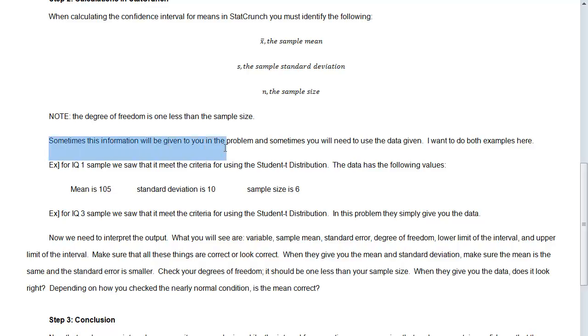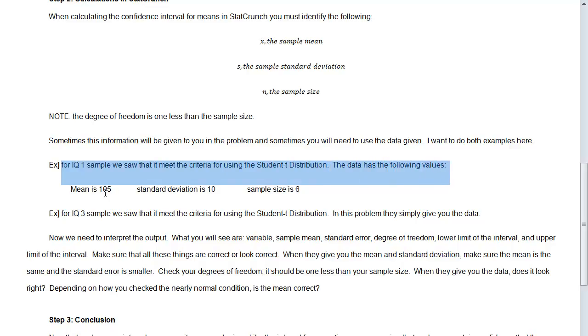Sometimes this information will be given to you in the problem, and sometimes you'll need to use data that's given. So I basically want to do both examples here. Let's say, for example, the IQ1 sample, we saw that it met the criteria for using the student t distribution, and that data has the following values.